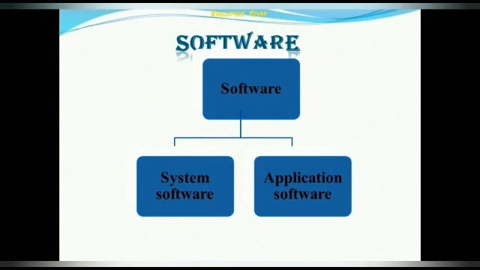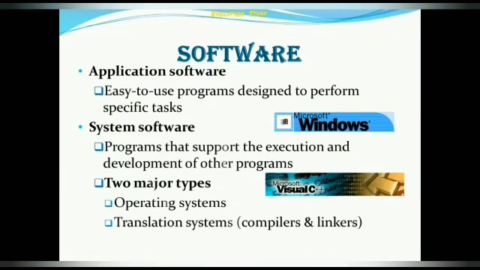The software are of two types: system software and application software. Application software are basically easy to use programs designed to perform specific tasks. System software are those programs that support the execution and the development of other programs. There are two major types: operating systems and the translation systems, compilers and the linkers.